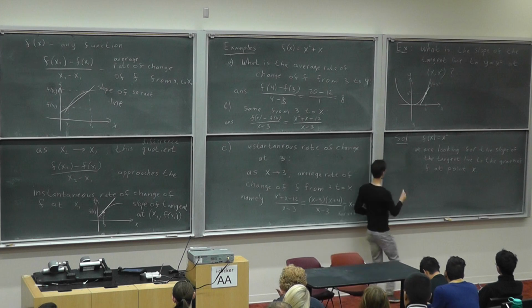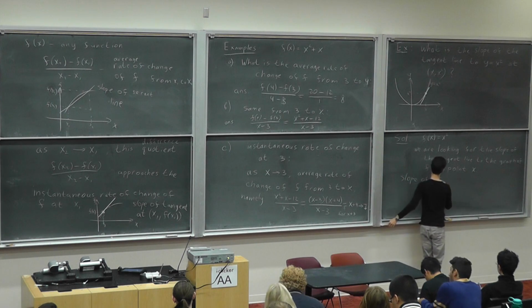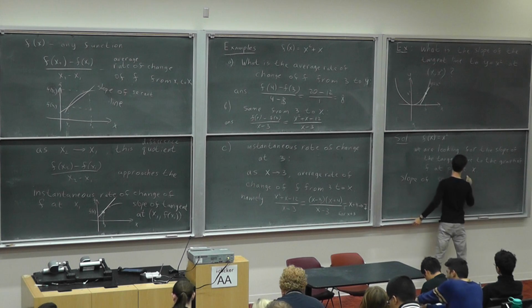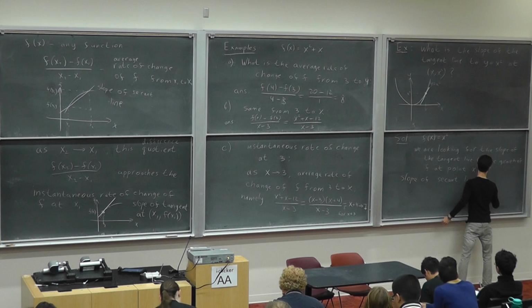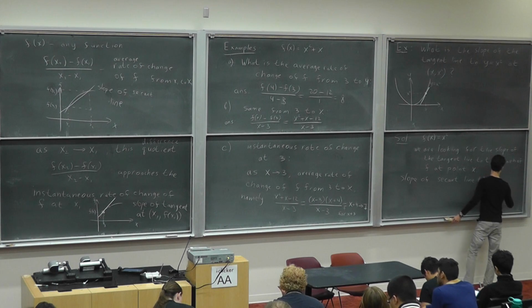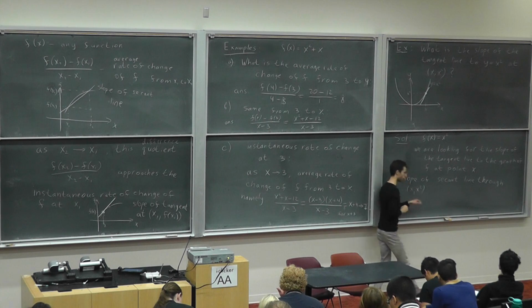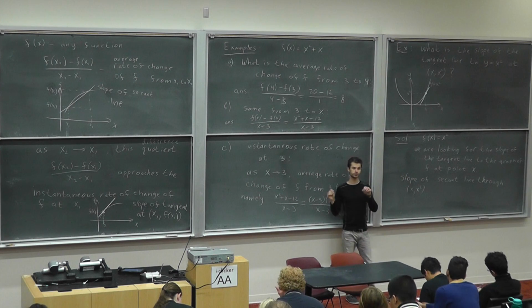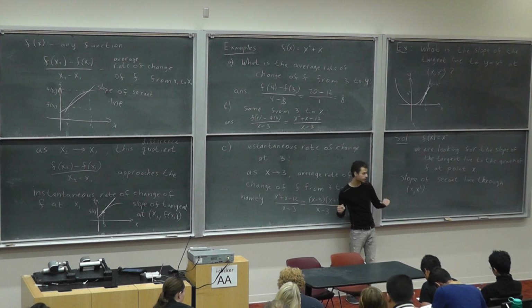Alright, so slope of secant line through, so one point would be x comma x squared, the point at which I'm interested to find the slope of the tangent.